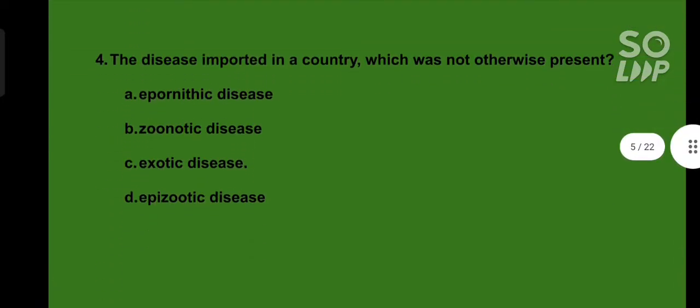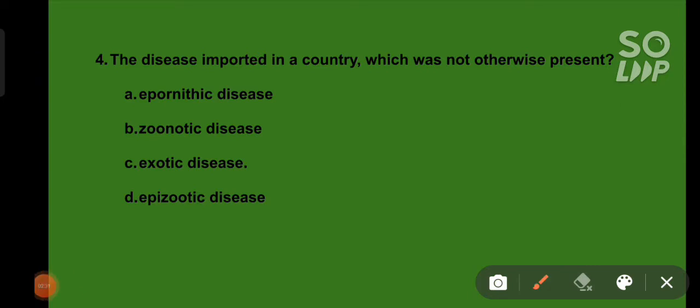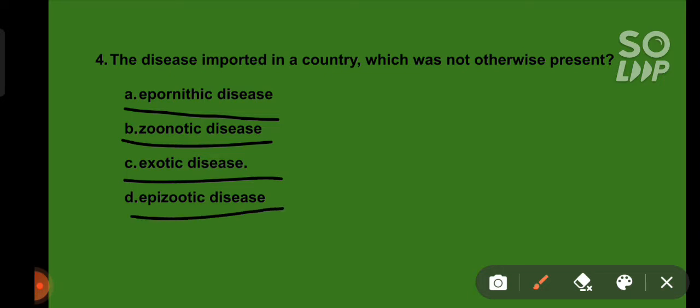The next question is: the disease imported in a country which was not otherwise present. So when a disease enters a particular country where it is not otherwise present, the options are option A epidemic disease, option B zoonotic disease, option C exotic disease, option D epizootic disease.